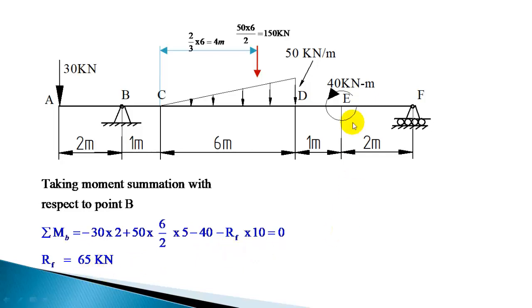After getting the reaction at the support F, that is RF, you can find out RB as the total downward load minus RF.